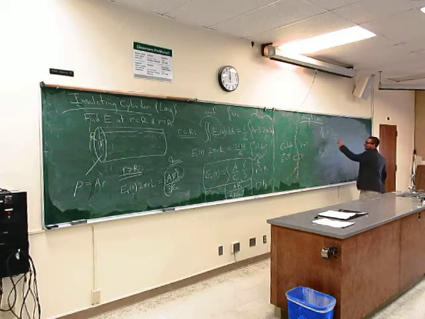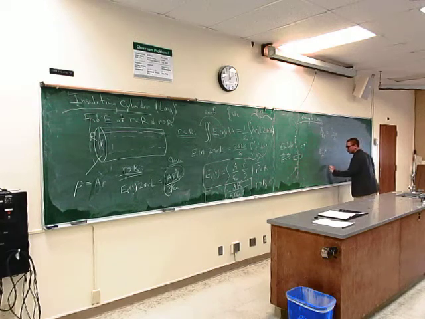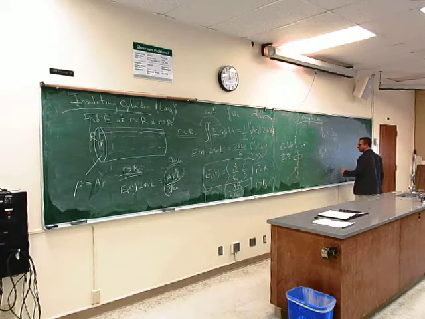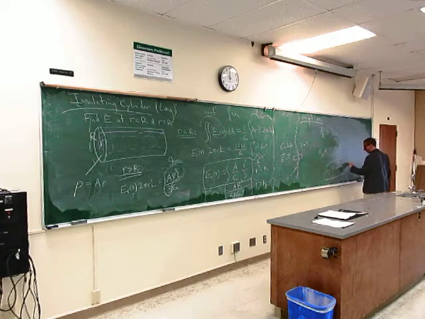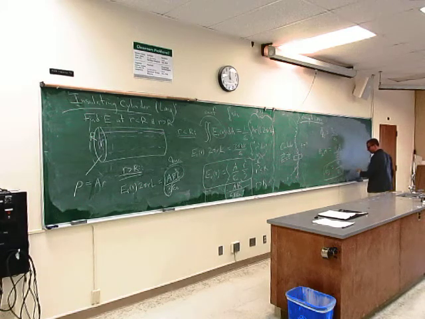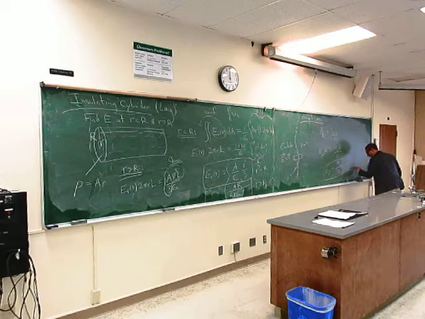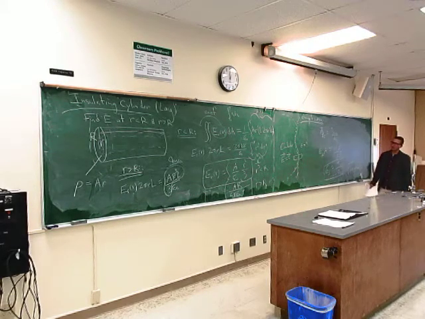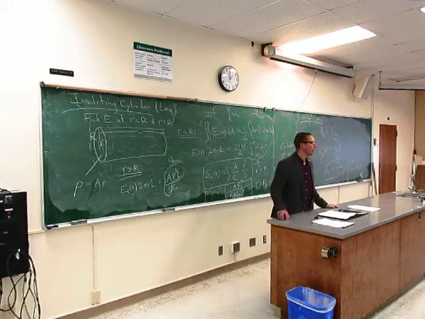And this has to equal Q enclosed over epsilon naught. Q enclosed is just charge per unit area times the area, over epsilon naught. Area cancels. And we find that the perpendicular field is eta over epsilon naught for a conductor near the outside, and of course 0 on the inside of the surface.